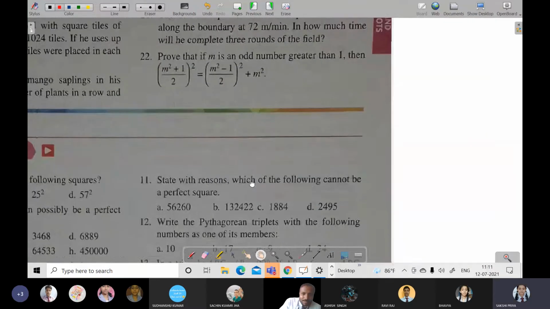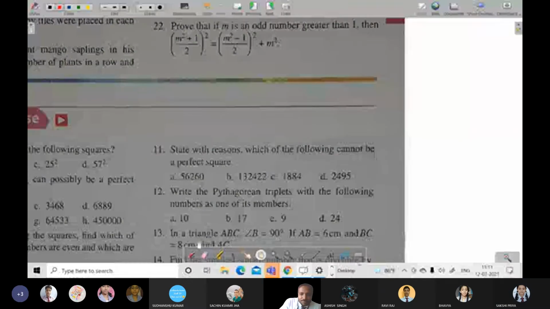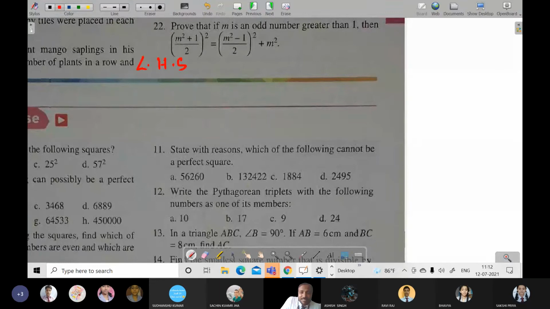So just see what I will do. At first, we will take LHS, that means left hand side. What is there in the left hand side? There is (m square plus 1 by 2) whole square. When we solve this, the square will be distributed to both numerator and denominator.